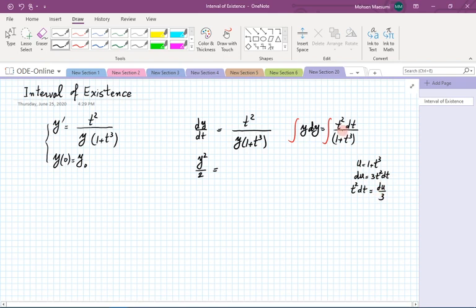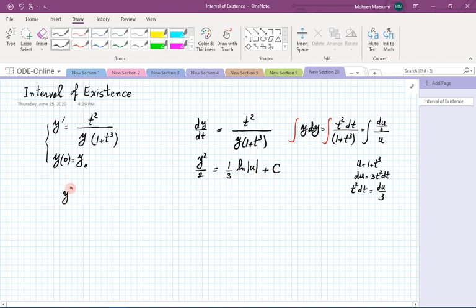So when I do the substitution, this becomes du over 3, and then this is just u. So obviously I have 1/3 of logarithm of absolute value of u plus a constant. Well, now let's go replace our substitution.